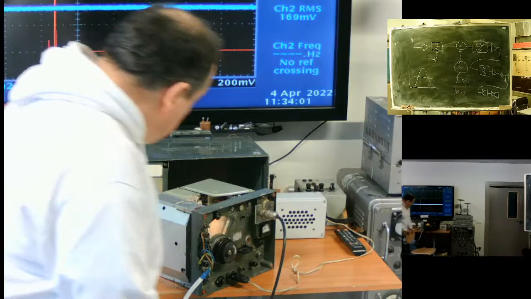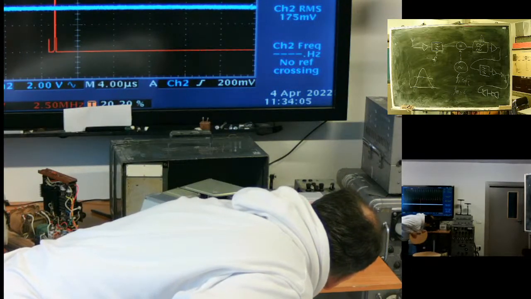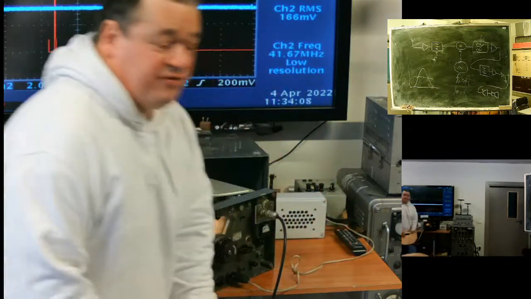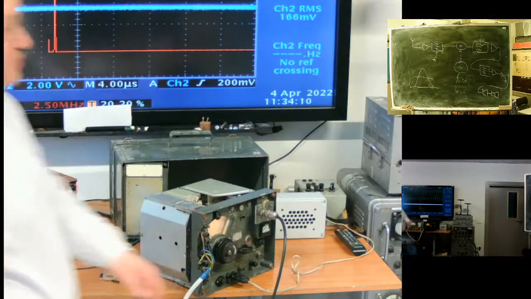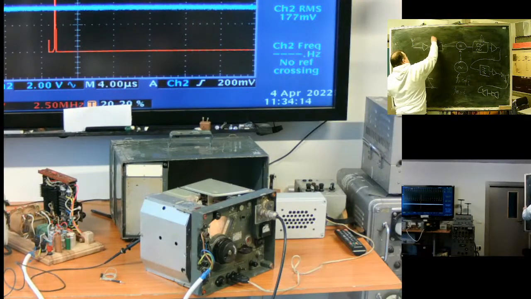So, the station transmits at 18.5 megahertz. This frequency is 11.5 megahertz.